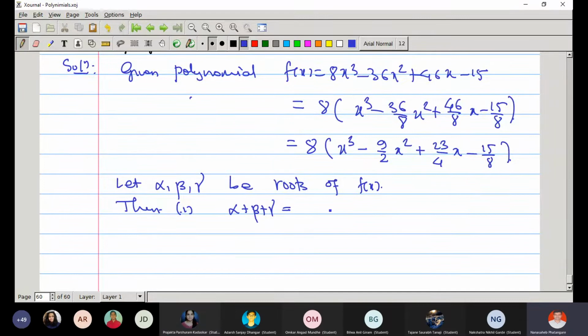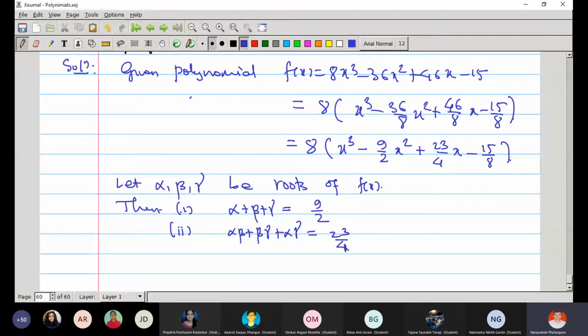Second, what is the sum of product of two roots? Alpha beta plus beta gamma plus alpha gamma, right? Product of two roots and their sum, and it is 23 by 4, the coefficient of x. Third, what is product of roots?